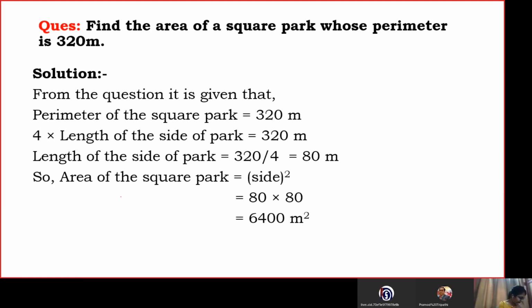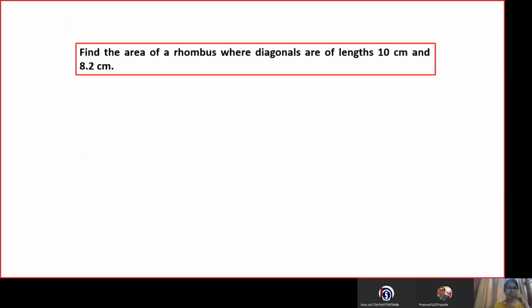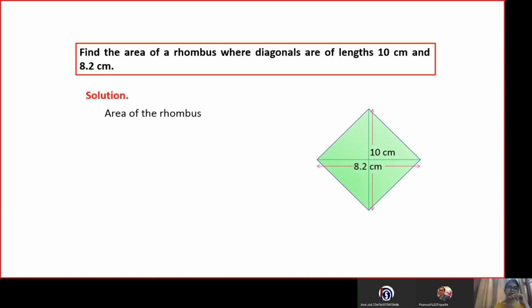Is that understood? Okay. Now, moving on, we need to find out the area of a rhombus where the diagonals are of lengths 10 centimeters and 8.2 centimeters. All of us know the formula for the area of a rhombus. Area of a rhombus is given by half into diagonal 1 into diagonal 2.